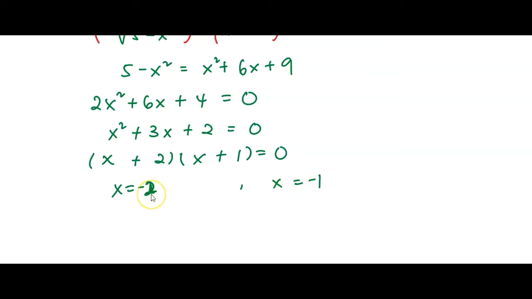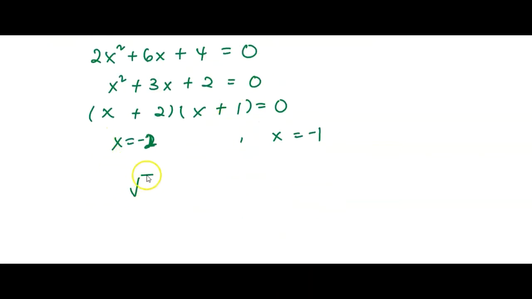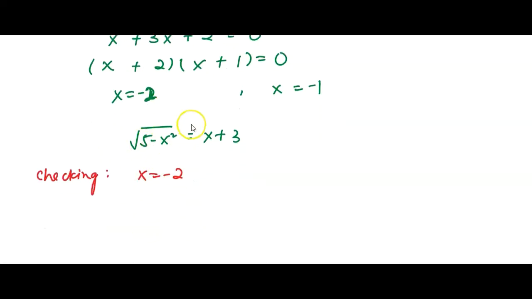For the equation involving the surd, we need to substitute back into the original equation, without the squaring, that is square root of 5 minus x squared equals x plus 3, in order to check whether we are going to accept both of the answers or only one. For the checking, I'm going to put x equals -2 into the left-hand side.